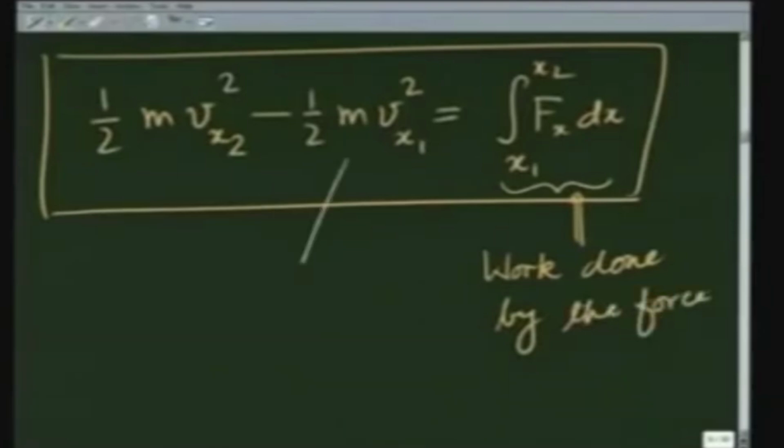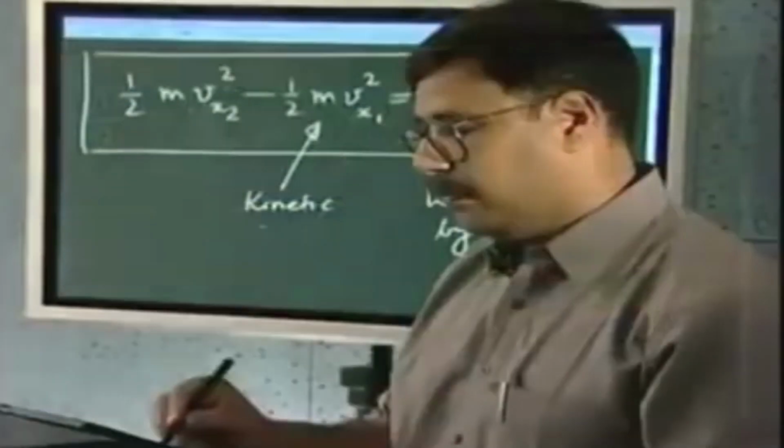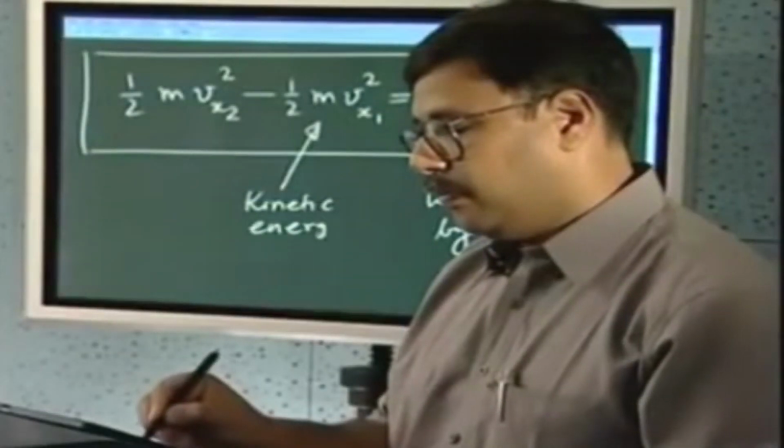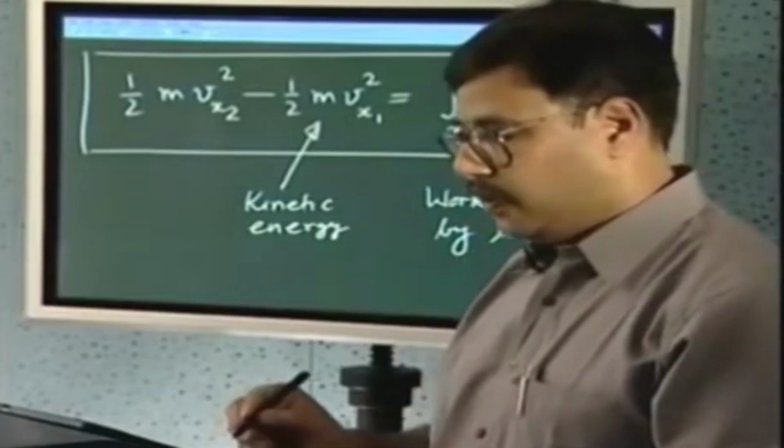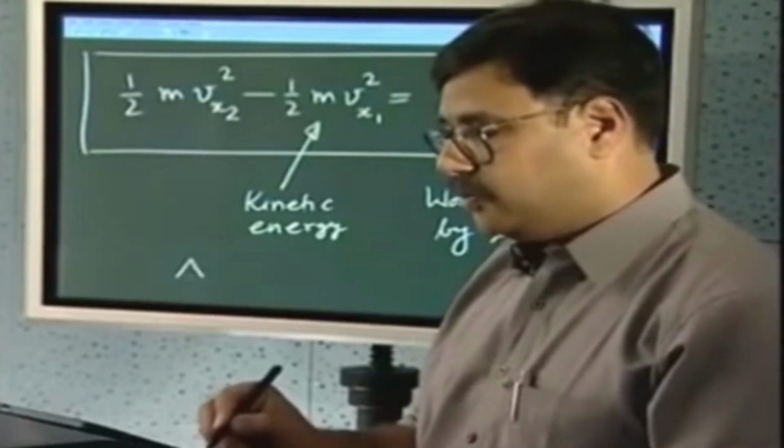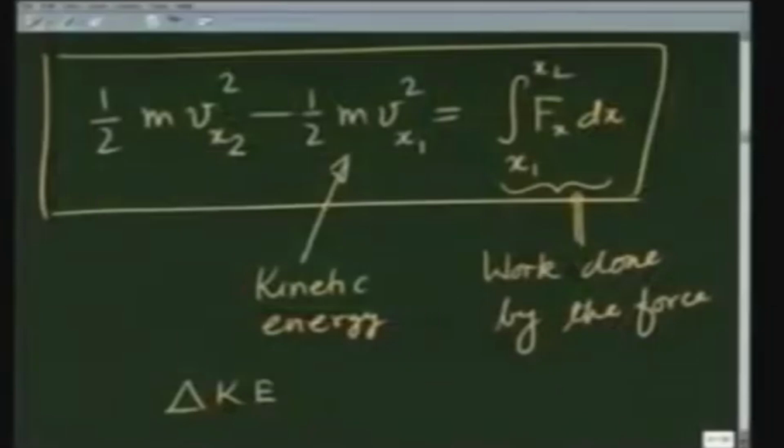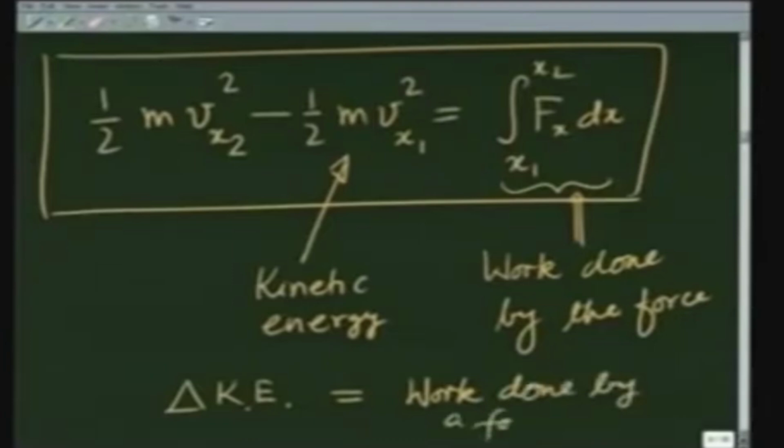I am going to call this quantity 1/2 mv square the kinetic energy of the particle. So, what it tells me is that the change in kinetic energy is equal to the work done by a force.